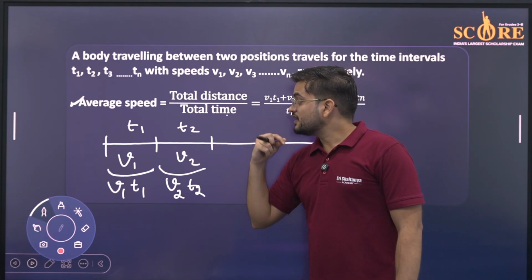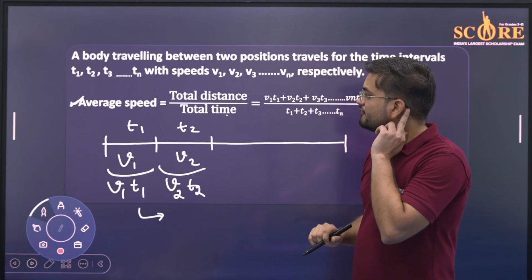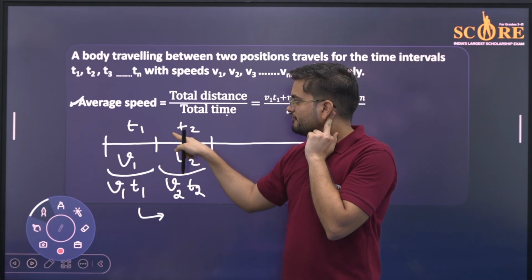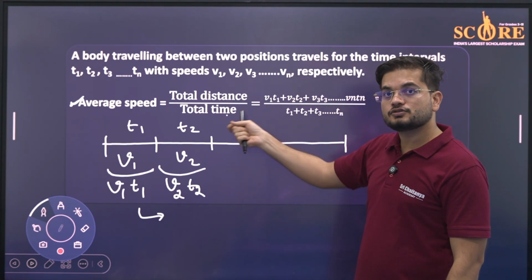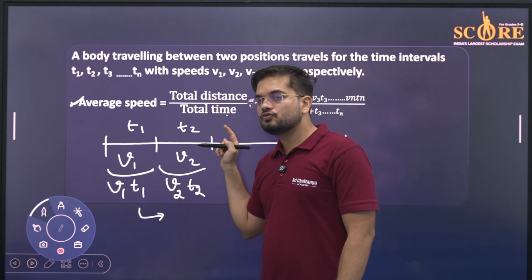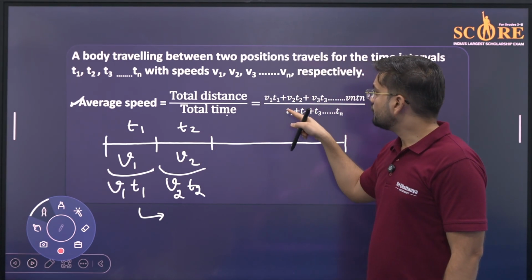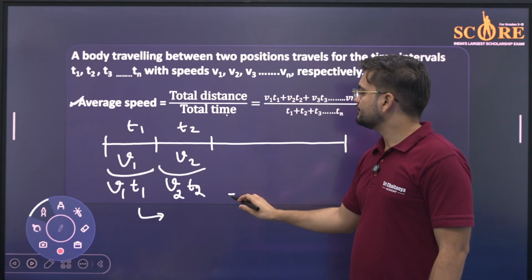Now there is one special case in this. What is the special case? If the time interval of each segment is also equal, if t1, t2, t3, t4 are all equal, then what will be the average speed?